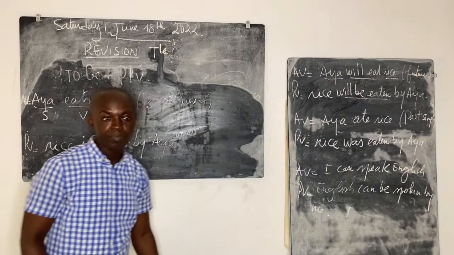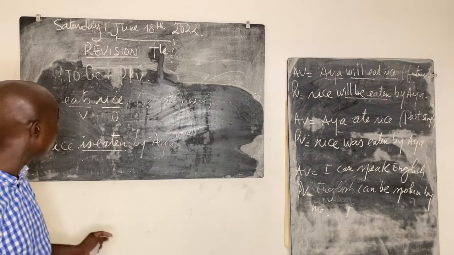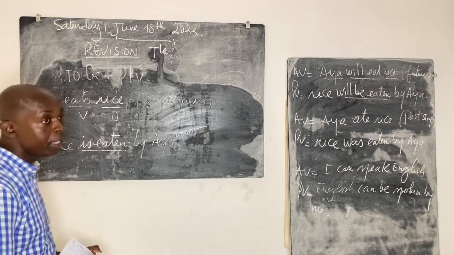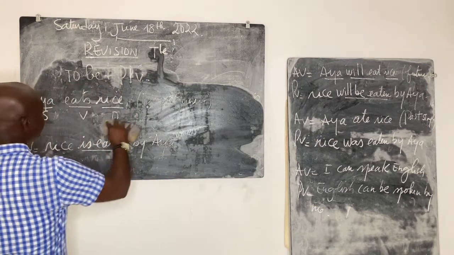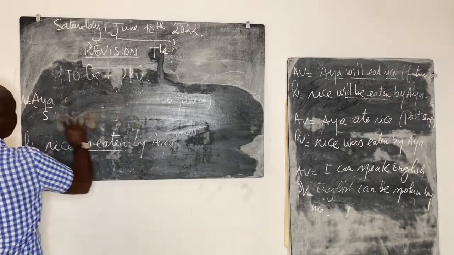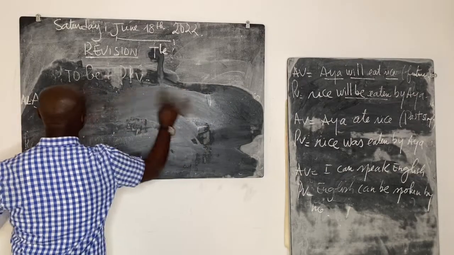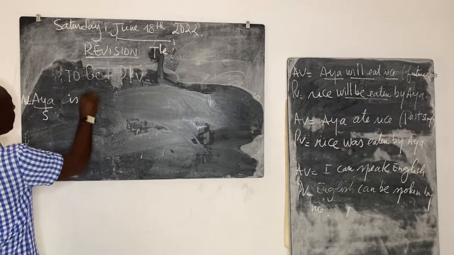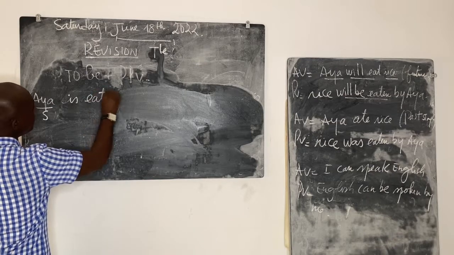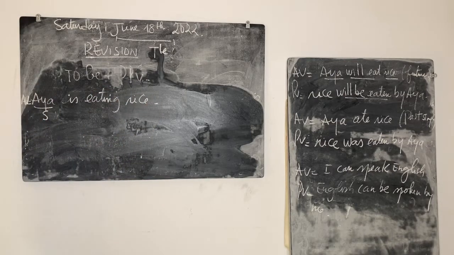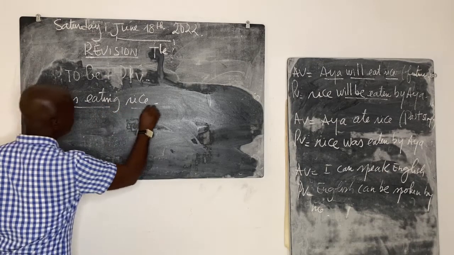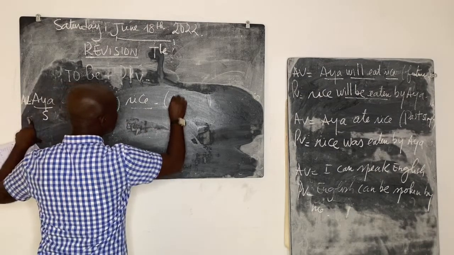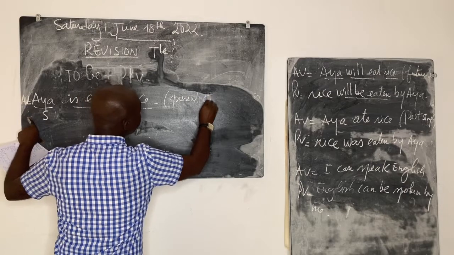And right now, for the last example dealing with the revisions, for the revision about the passive voice, we're going to deal with the progressive tenses. How does it work? When I say Aya is eating rice, the same technique. But here, remember, the sentence is in present continuous.